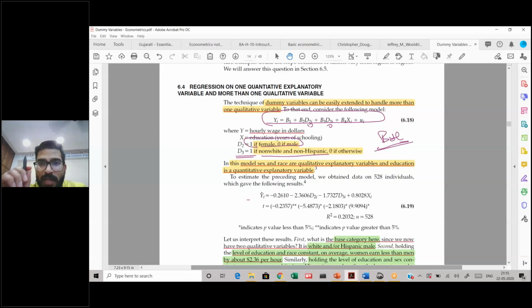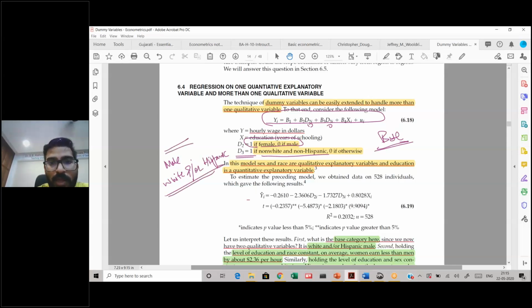Now, always remember to check for the base category. That means the base category is going to be male, and that person is not going to be non-white, non-Hispanic, which essentially means that person is going to be white and or Hispanic in race. You have to take the complement of the entire thing.